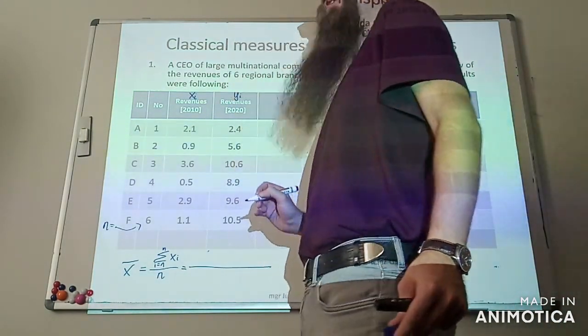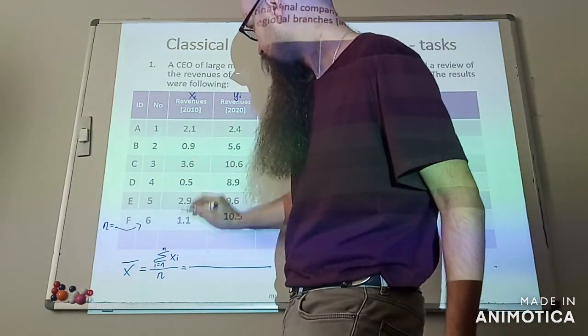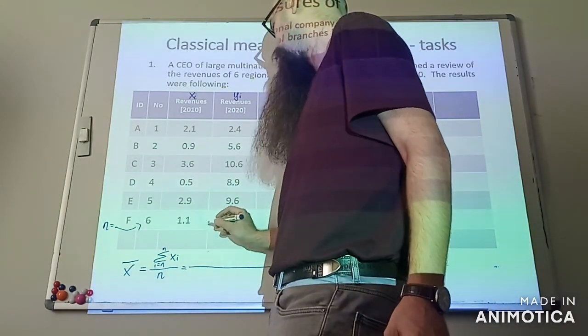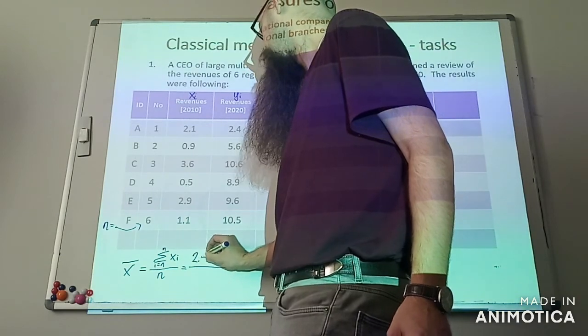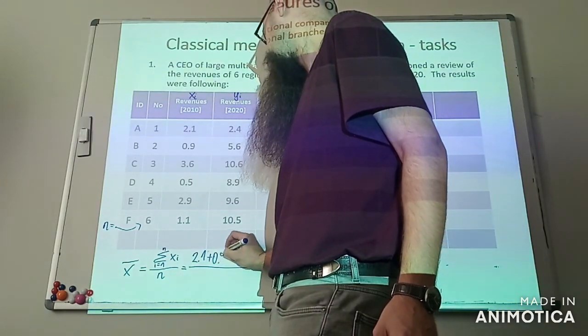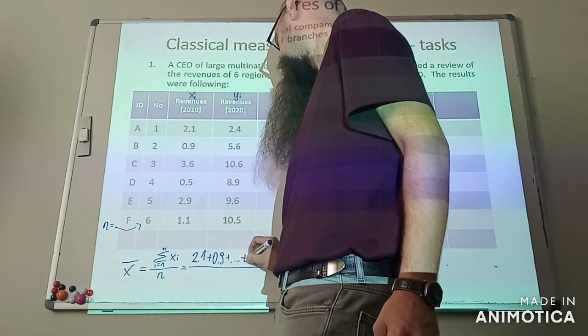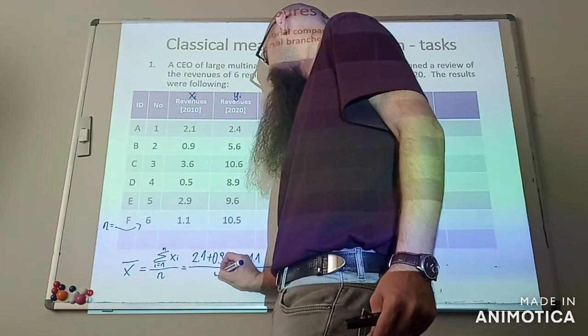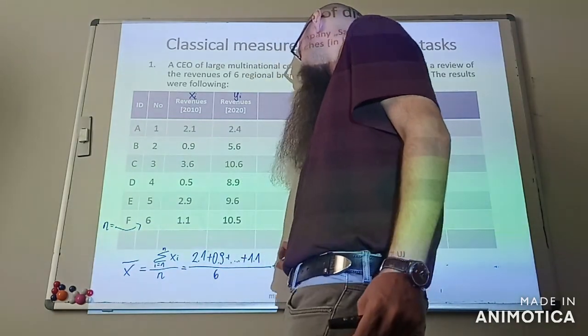And in the numerator we have the sum of all the values of the variable x: 2.1 plus 0.9 plus and so on, plus 1.1, divided by 6, of course.